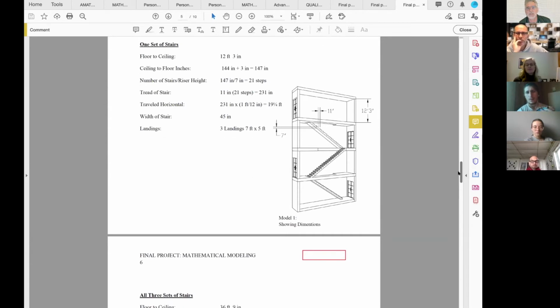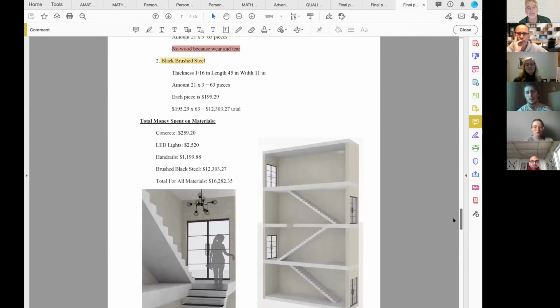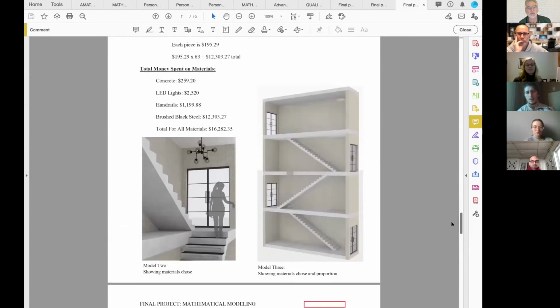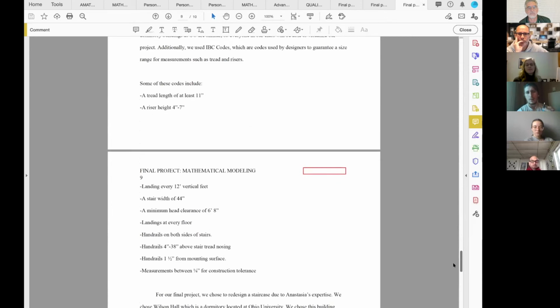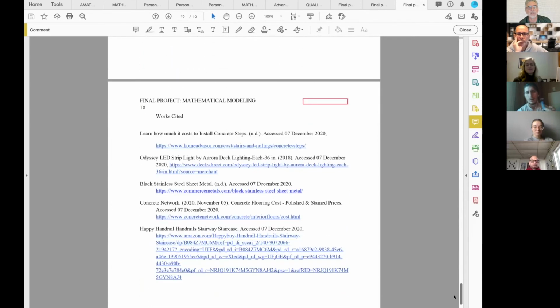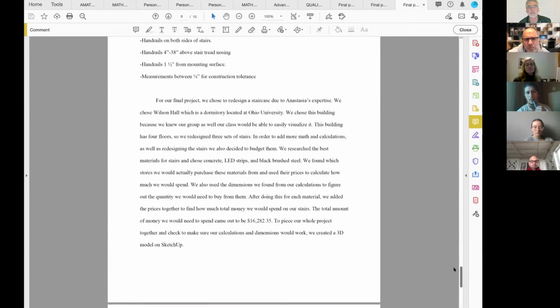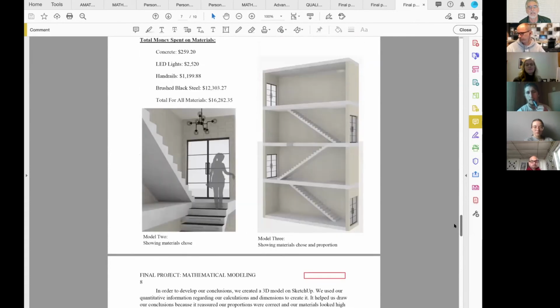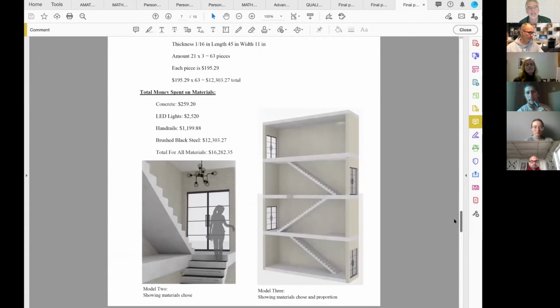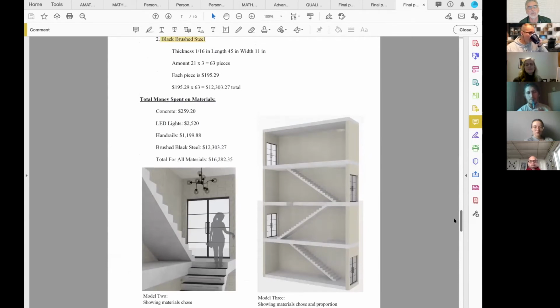It used to be Google SketchUp, and they did all the materials analysis. So anyway, these were the two really standout reports. One, because they did the 3D modeling, which again was something they came up with on their own. They went beyond what was taught in the course. And the same is true about the t-test.